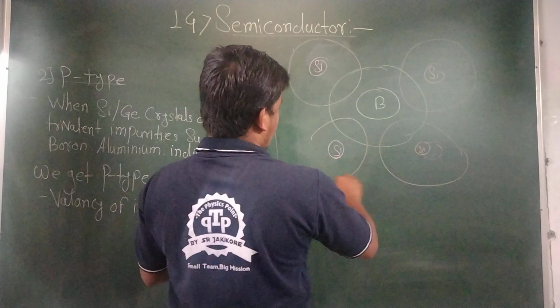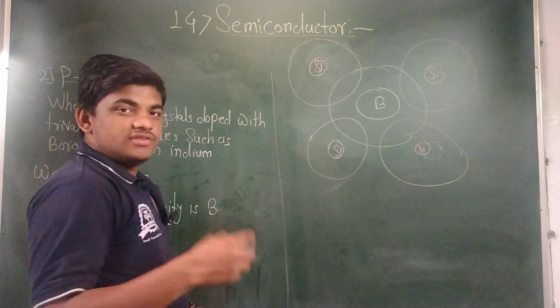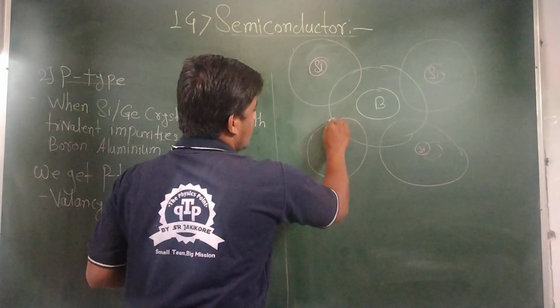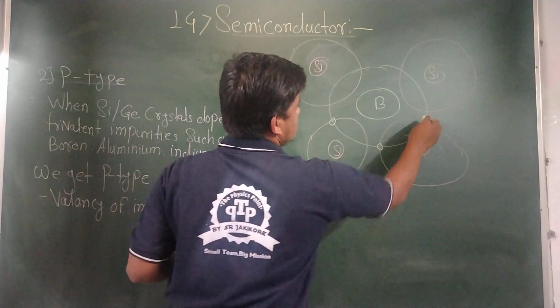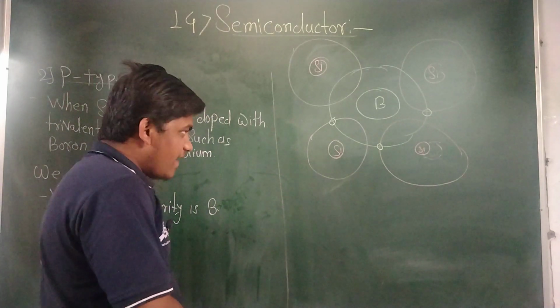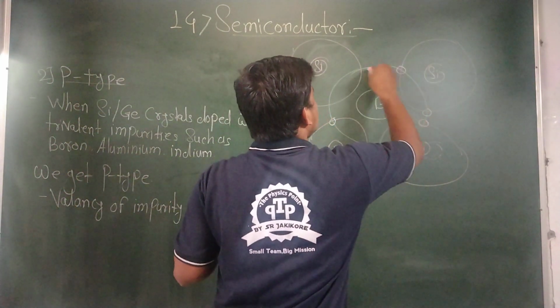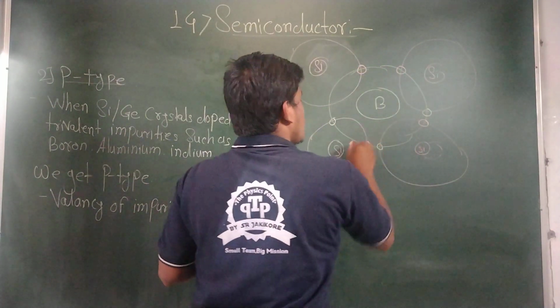The diagram will not be exactly like that. These electrons are the electrons of boron, and I will use different colors for the silicon atoms.